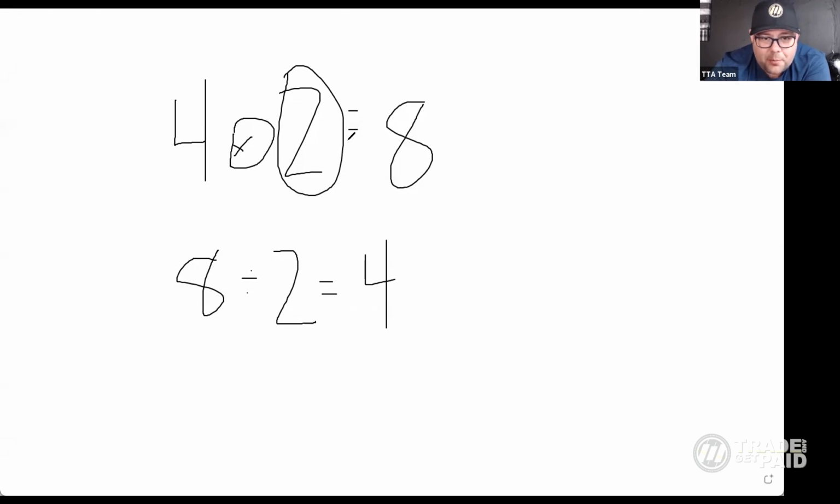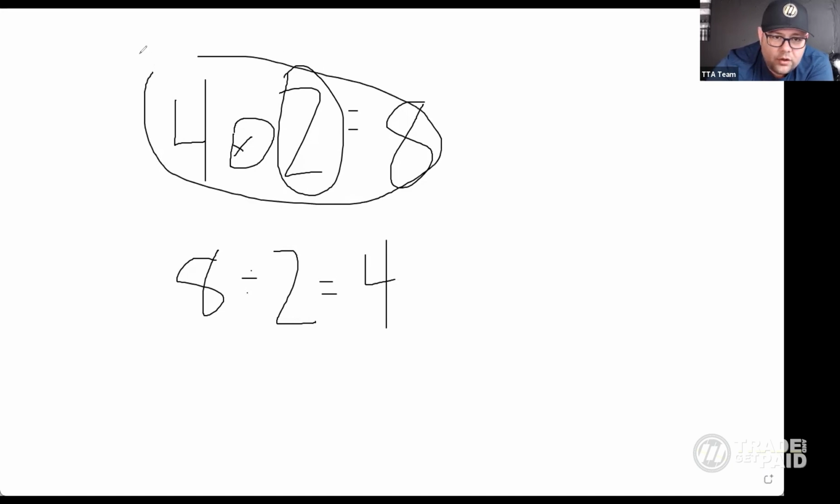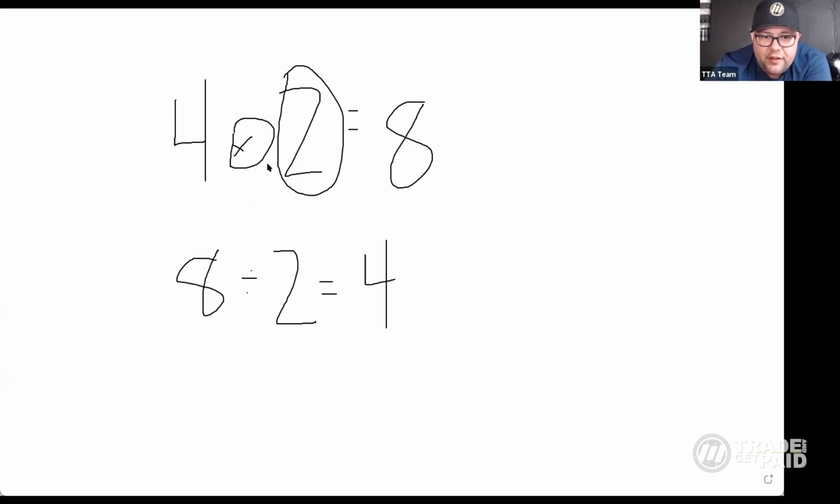If it doesn't work backwards, that means this was wrong. If you go 4 times 2 equals 8, but if you get 10 out of it, and 10 divided by 2 equals 5, well, something messed up in there.